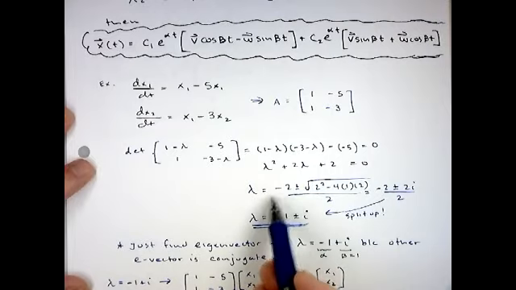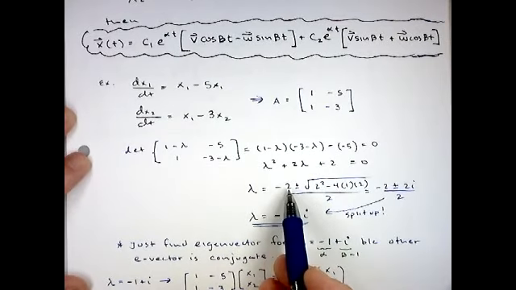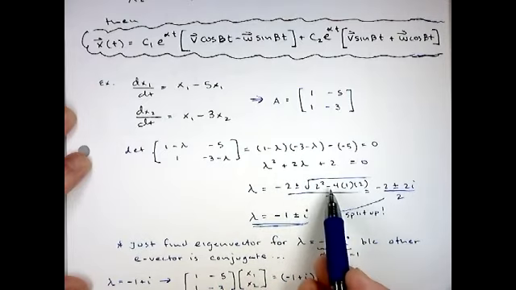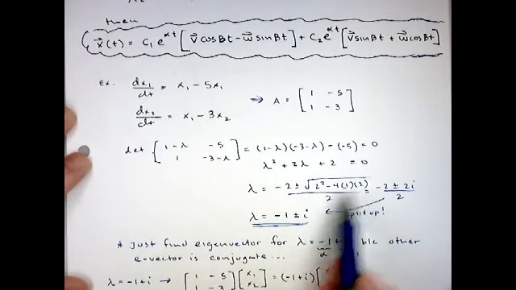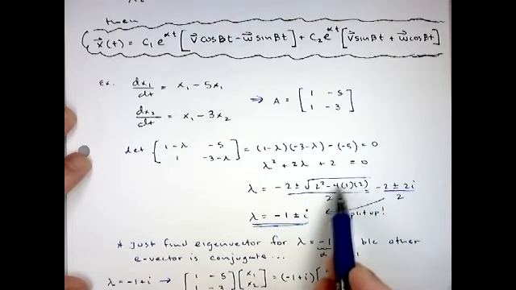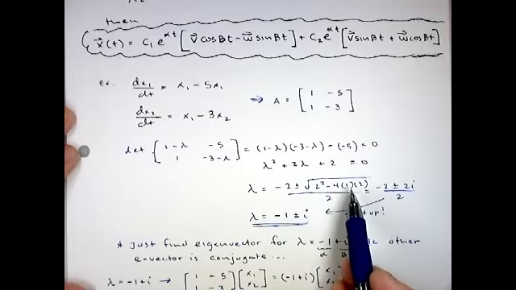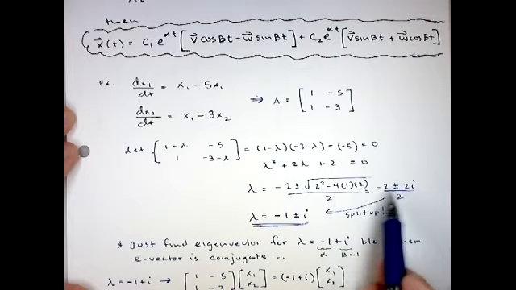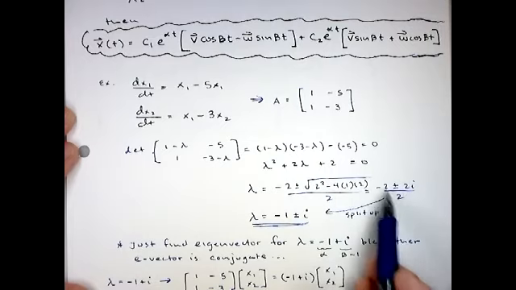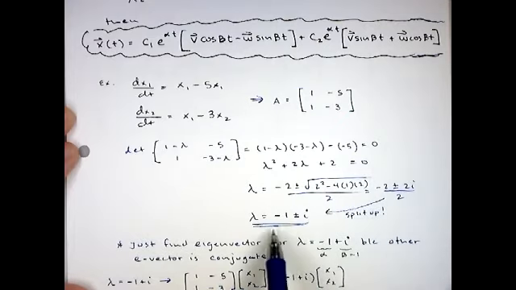I need the quadratic formula, so I'll have negative b plus or minus the square root of b squared minus 4ac, over 2. Now 4 minus 8 gives me -4, and the square root of 4 is 2, and the square root of the -1 part would be i. So this is -2 plus or minus 2i over 2, which is going to look a little nicer if I split that up to get me -1 plus or minus i.